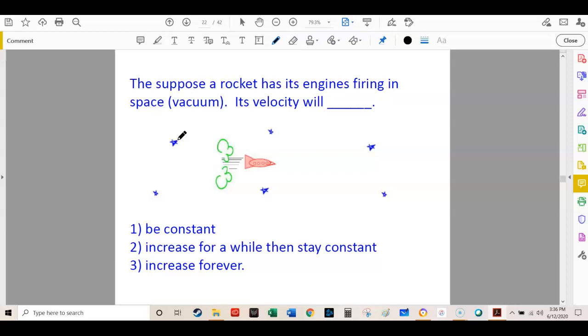Will you continue moving at a constant velocity? Will you speed up for a while and then hit a constant velocity? Or will you increase forever, right? And we're talking about the Newtonian universe, not the Einstein universe, okay? So what do you think?